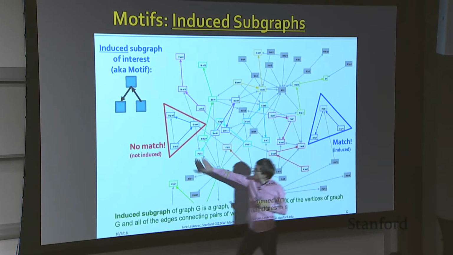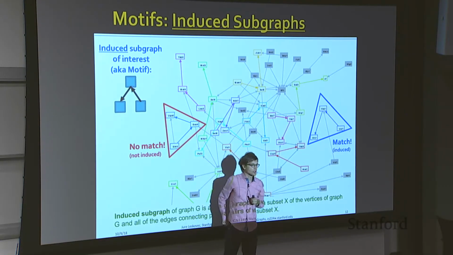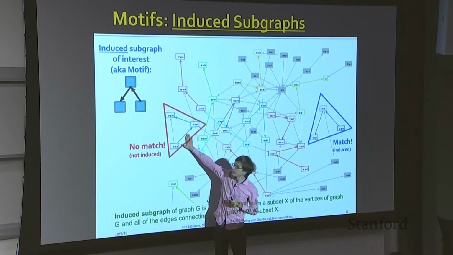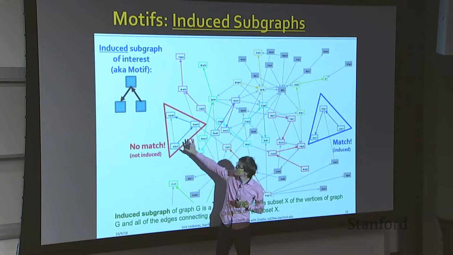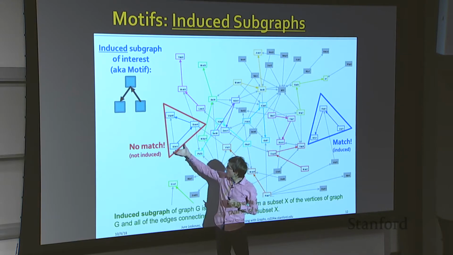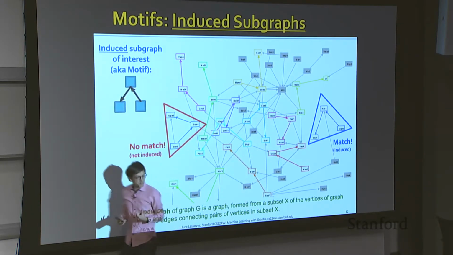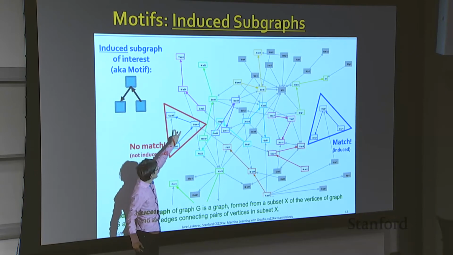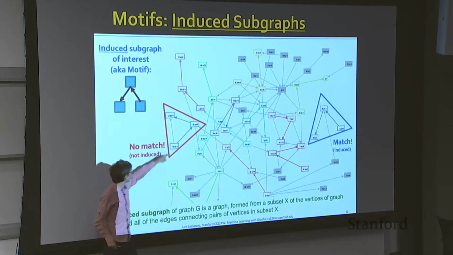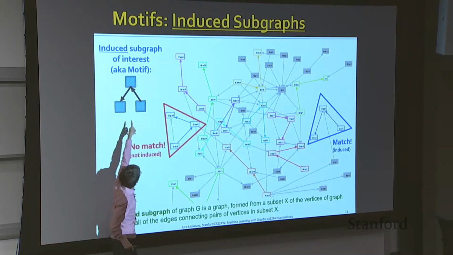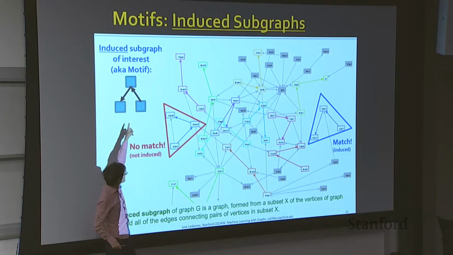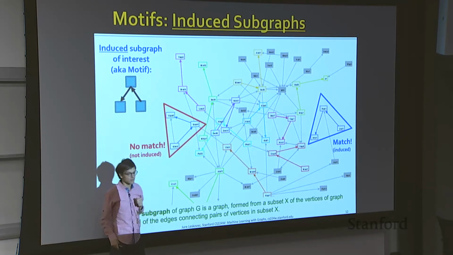But this one is not a match. The reason this set of 3 nodes does not match that motif is because this is not an induced subgraph. By induced, it means I have to take all the edges between the 3 nodes. And you notice that here is one edge that is missing in my pattern. So this is not an instance of my pattern.